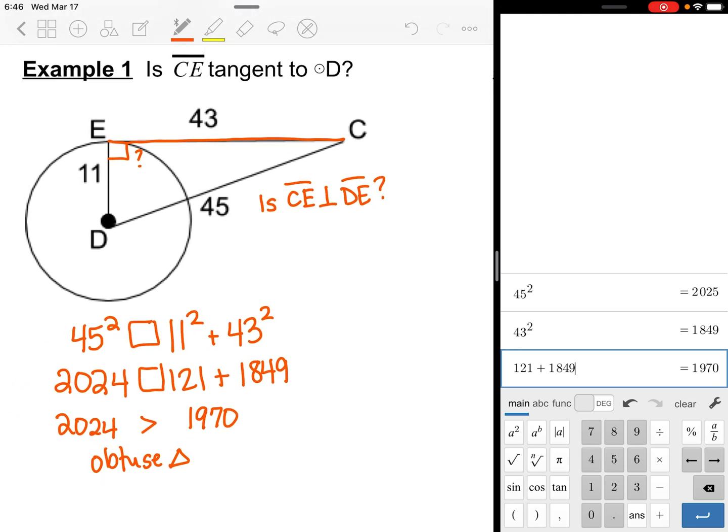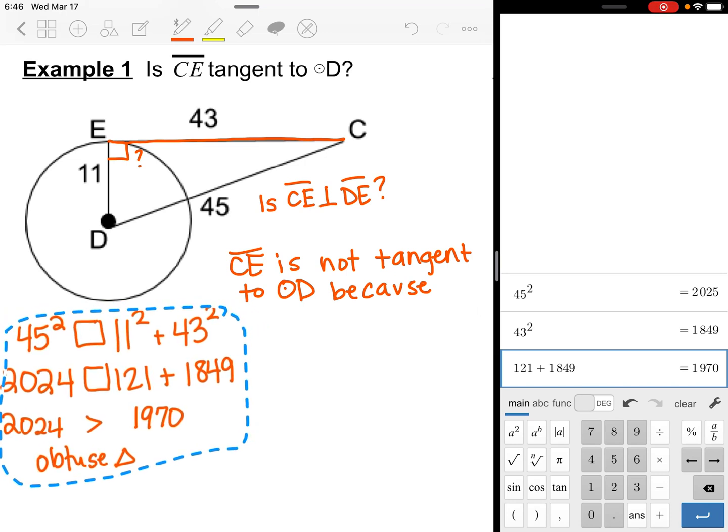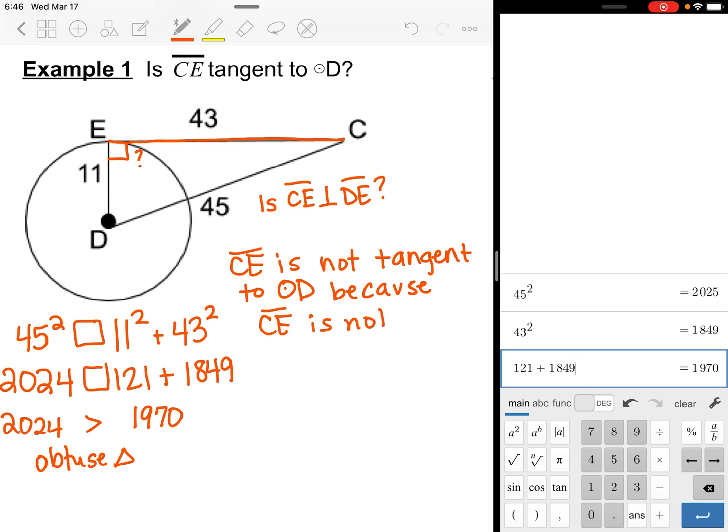So whenever we're answering this question, we would say segment CE is not tangent to circle D because CE is not perpendicular to radius DE.